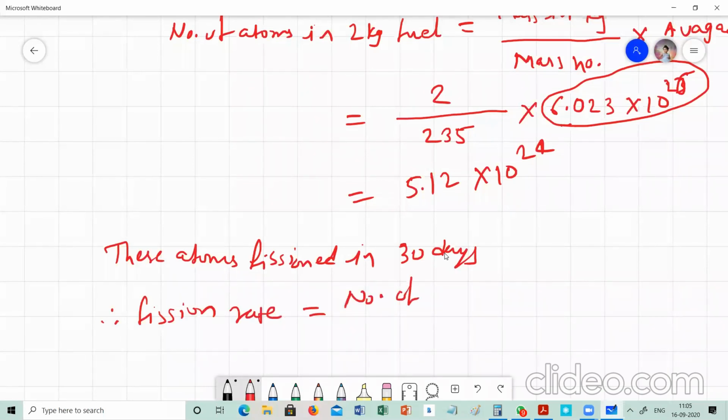Number of fissions per second will be equal to how many atoms are there. I will write that formula first.